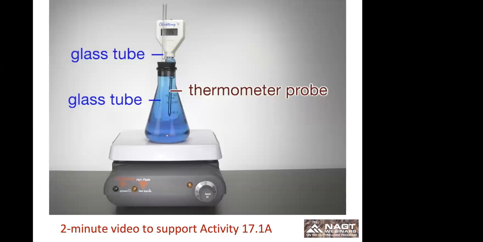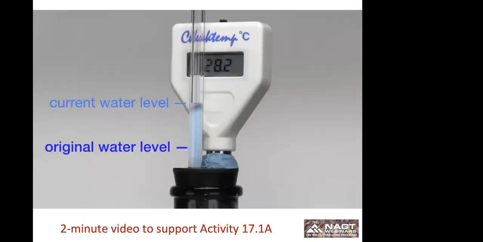Here, the water level is noted at an initial temperature of 22.6 degrees centigrade. At the end of the experiment, the water is 6 degrees warmer, and the water level has risen in the glass tube. So, does raising the temperature of water change its volume?